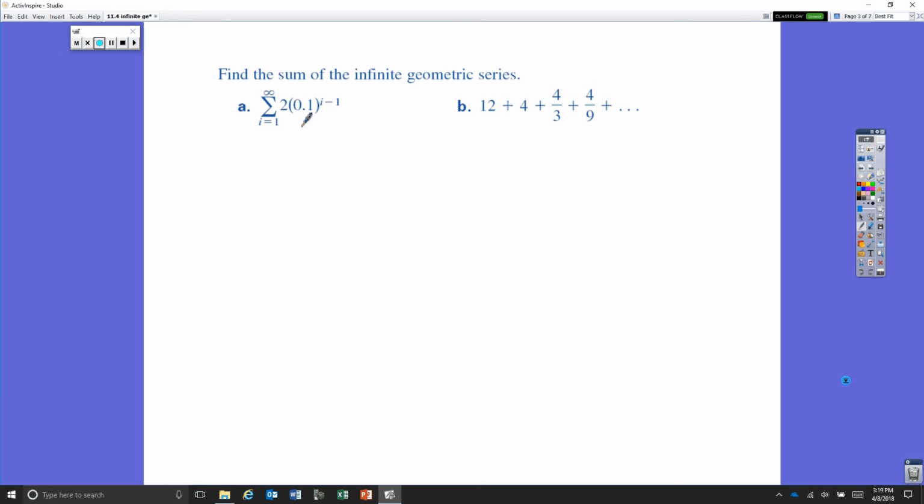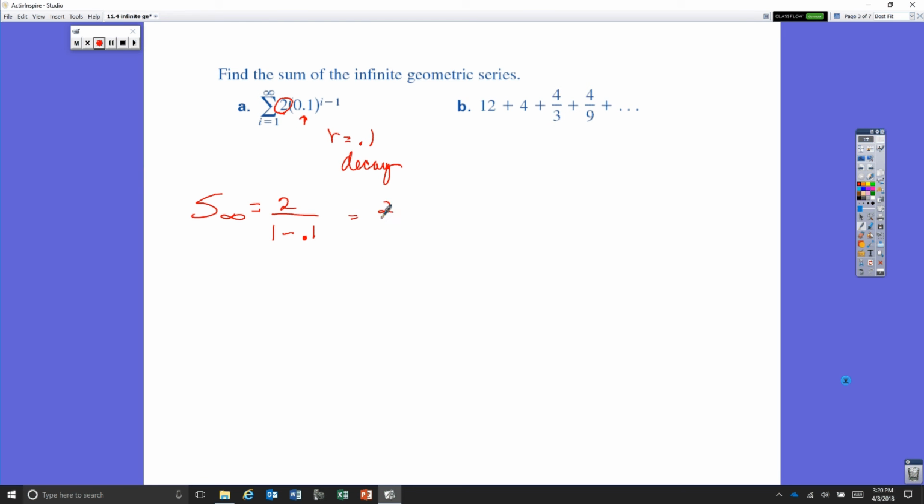So what is my ratio in this geometric infinite sum? It is 0.1. Is 0.1 a ratio of decay or growth? It is a ratio of decay. So I do have a sum that will converge. It is the first term, which happens to be 2, divided by 1 minus the ratio of 0.1.